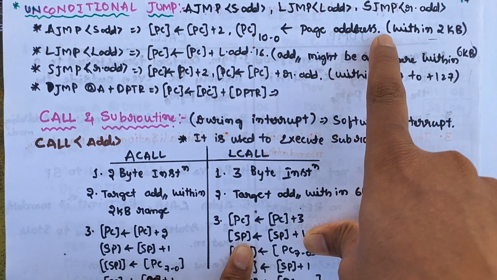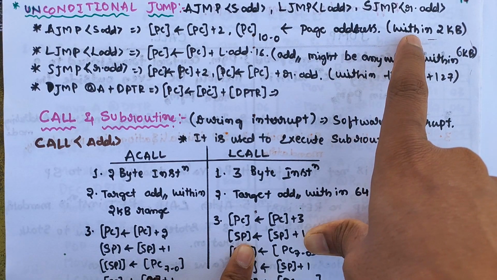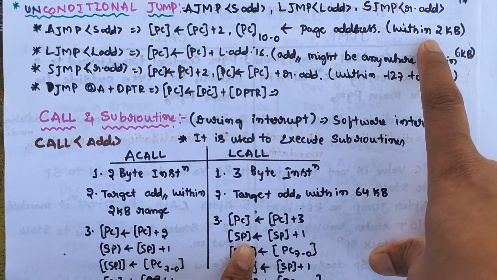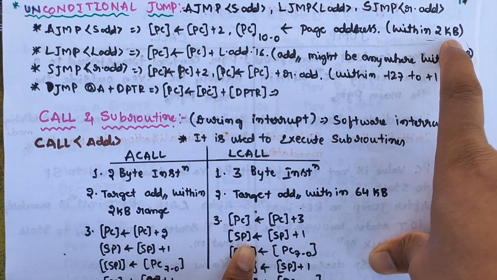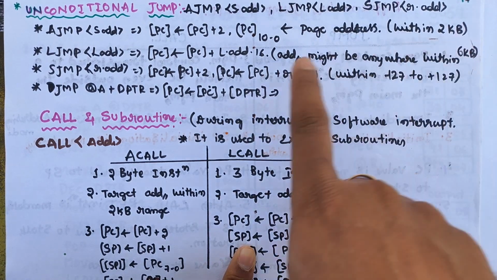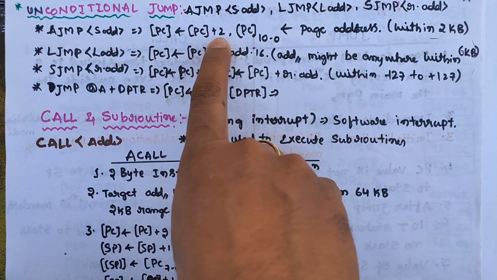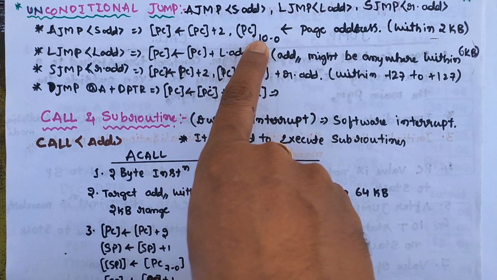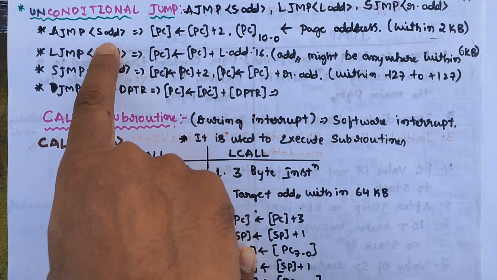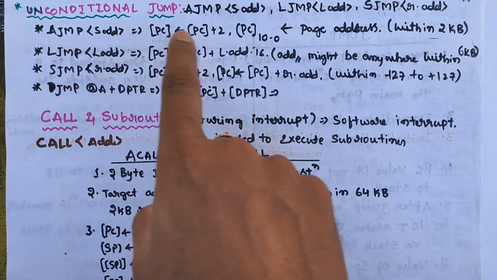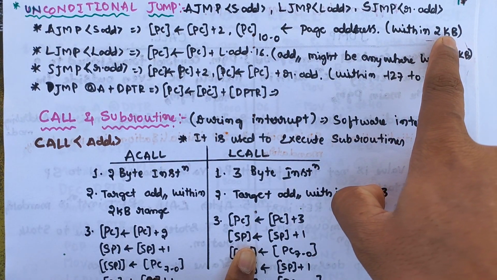The jump occurs within a 2 KB block of memory locations. The program counter is loaded and jumps directly to the mentioned address, which must be within 2 KB of memory.